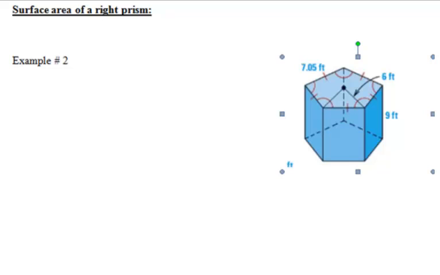Well, a right prism's surface area formula is 2, and the capital B, and the capital B means bases. I have 2 bases, so I'm going to find the surface area of each base and multiply by 2. And to that, I'm going to add the area of each lateral face, which is perimeter times the height.